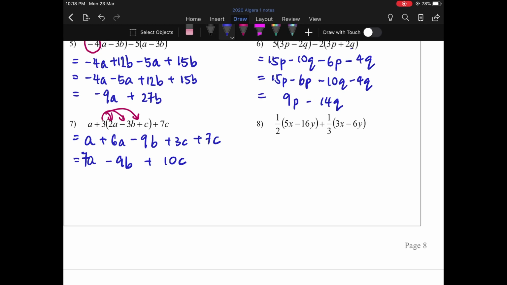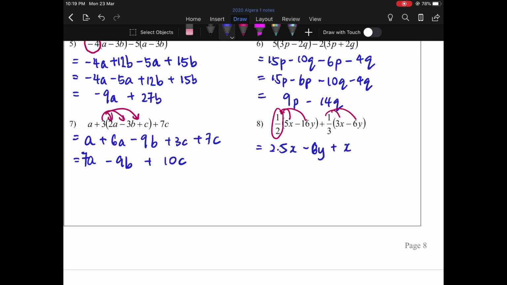Lastly, you have to distribute half and 1/3. Okay, so half of 5, it's 2.5x. Half of 16, that will be 8y. 1/3 of 3, you will get 1.